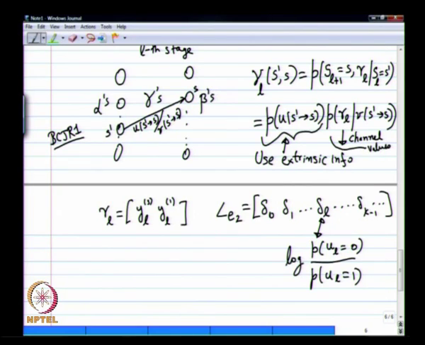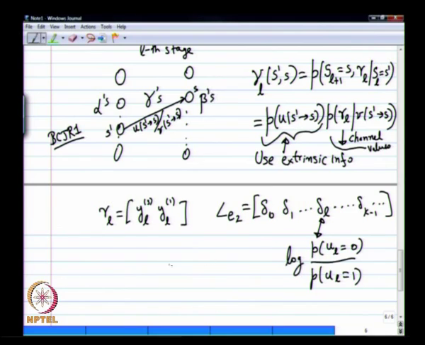I am going to think of the extrinsic LLR as a log likelihood ratio, and remember this is extrinsic, so it does not use anything else. Now if U of S prime S is 0, then what should I put here? I have to compute P of UL equal to 0 and substitute that there.